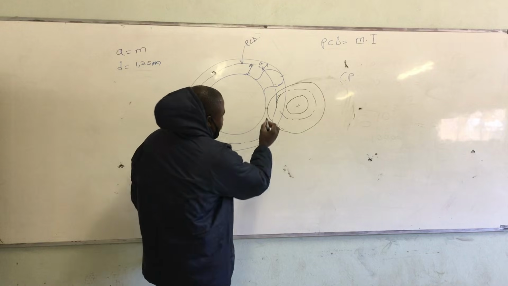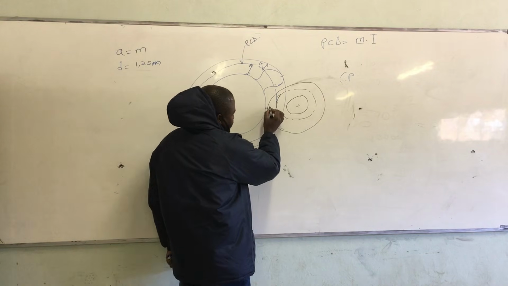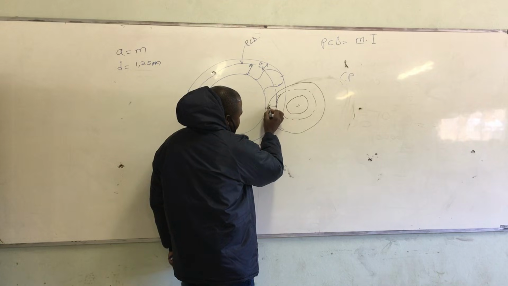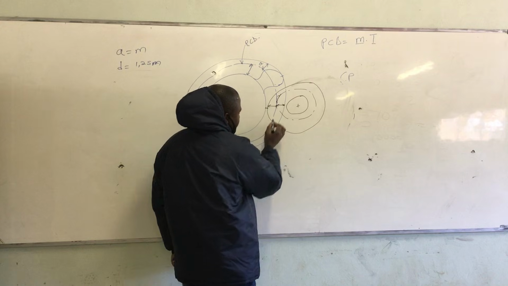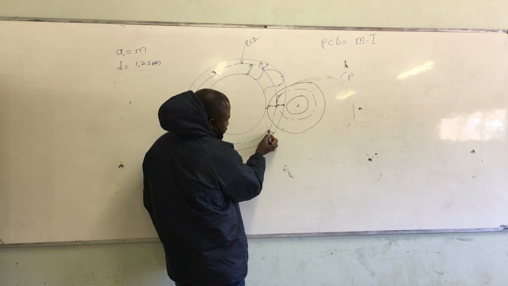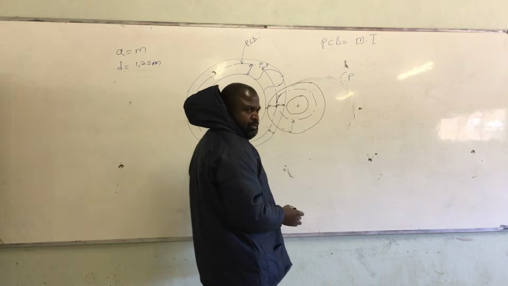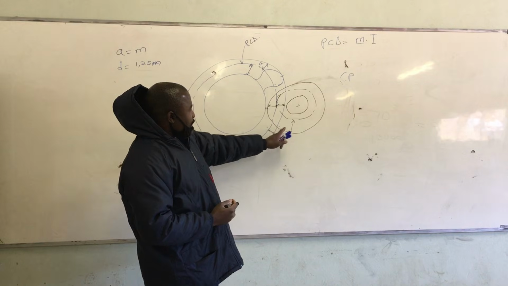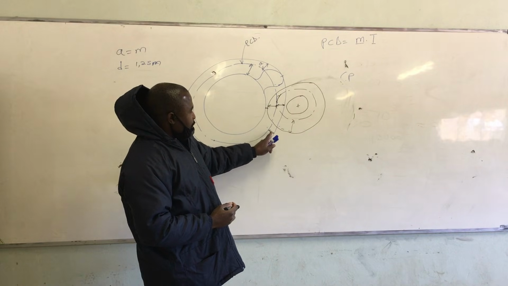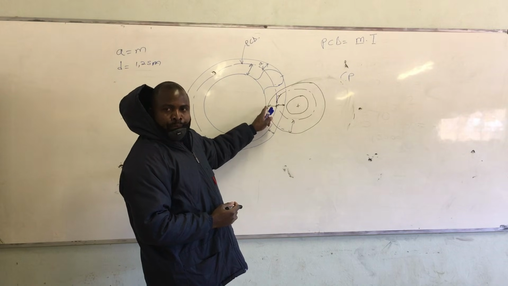So for these two to mesh, the addendum of this gear must be the same as the addendum of the other gear. Because if this addendum is bigger than the other addendum, this gear is going to touch there, meaning it's going to push there.